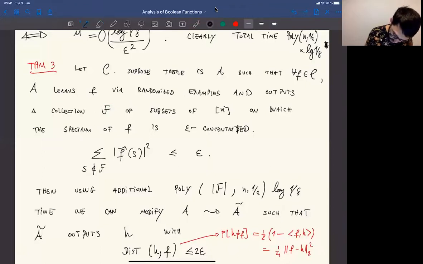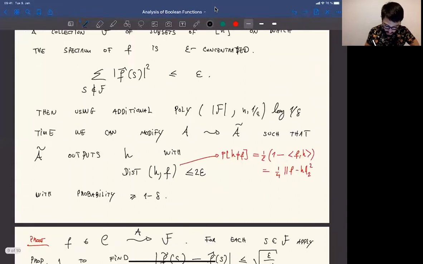So maybe I should say here, suppose that there is A such that for every f, A learns f by randomized means and outputs a collection where the spectrum is concentrated, with probability greater or equal than 1 minus delta, say. Then with additional polynomial time, one can modify such that with probability, say here, 1 minus 2 delta.